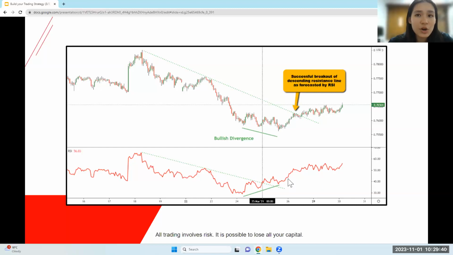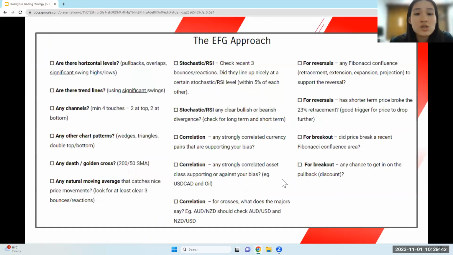Next, let's move on. So now we are looking at how we can play the continuation or breakout and reversal. This is just a checklist for you to follow, especially if you are a beginner trader.